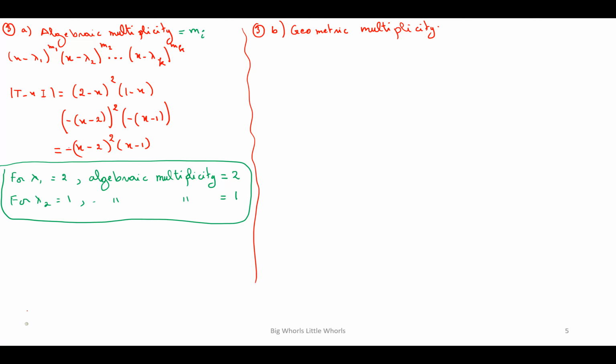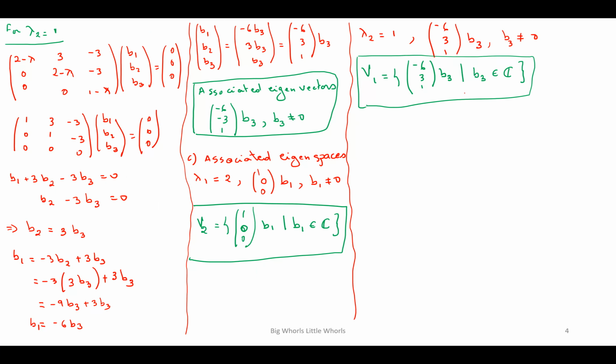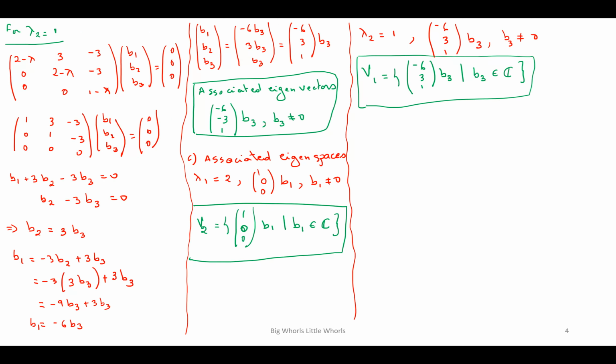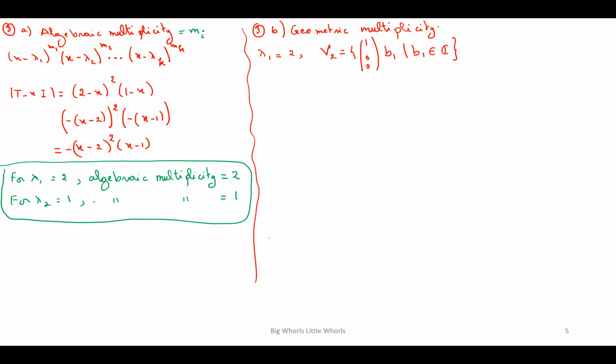So recall that for lambda 1 equals 2, the associated eigenspace V2 is equal to (1, 0, 0) B1, such that B1 is an element of C. I check, yeah, B1 equals 2.